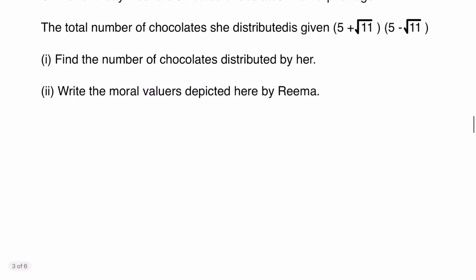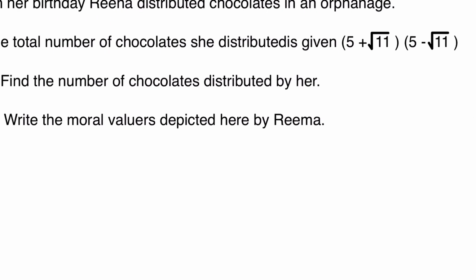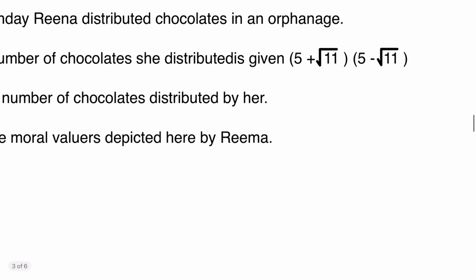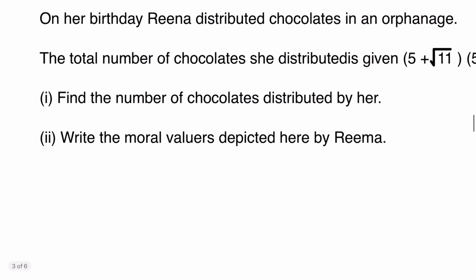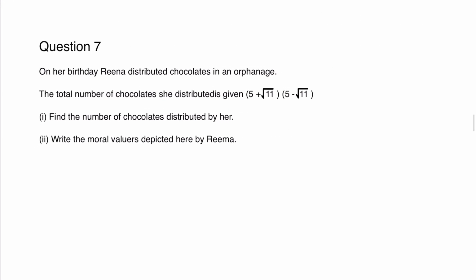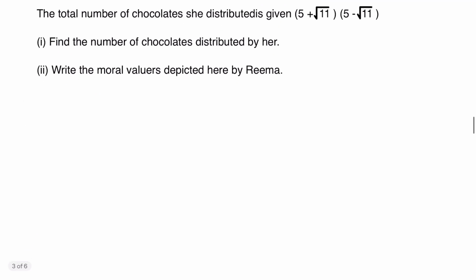The total number of chocolates she distributed is given by 5 plus root 11 and 5 minus root 11. Okay. So the question asking is, find the number of chocolates distributed by her. So solving the first question, we will simply simplify.